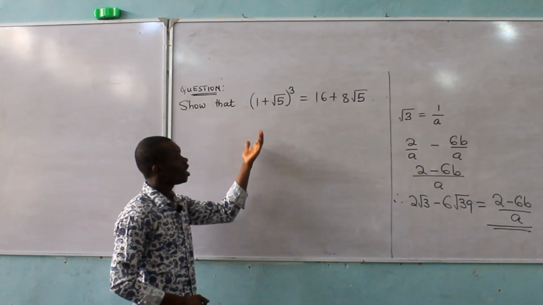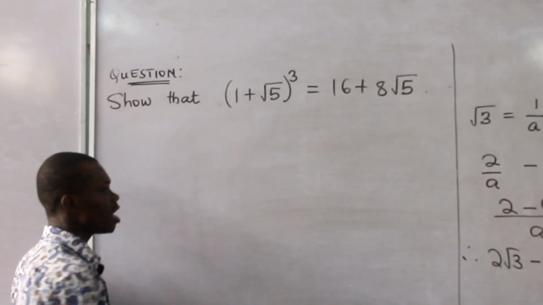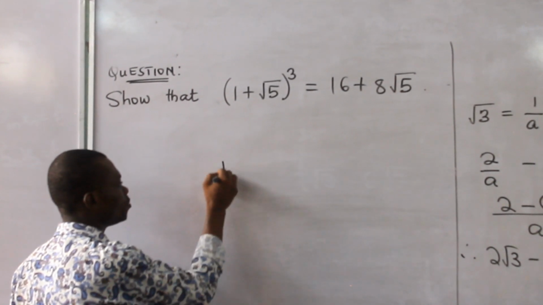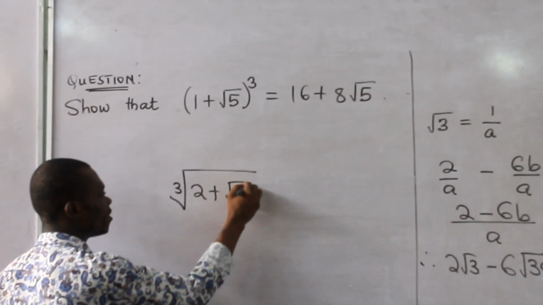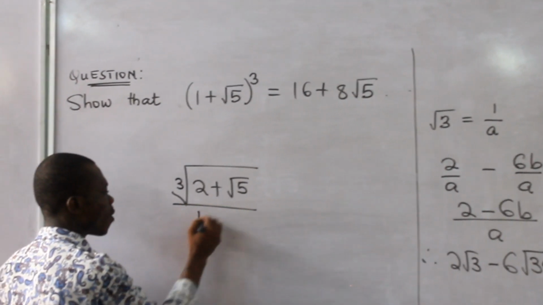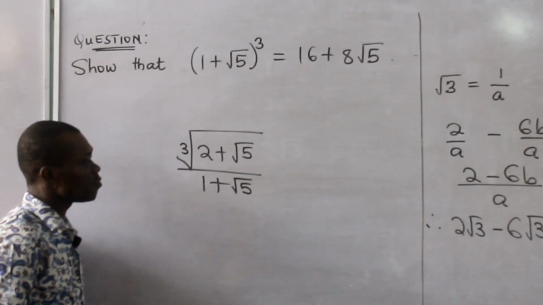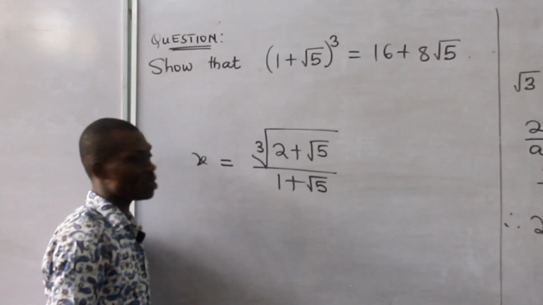Okay, so in one of our videos where we were asked to simplify the cube root of, I think, (2 plus root 5) all over (1 plus root 5), we came to a point where we were given that this was equal to x.